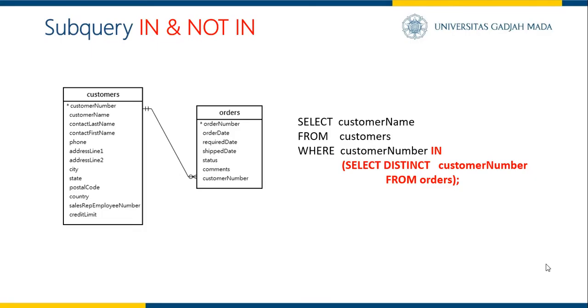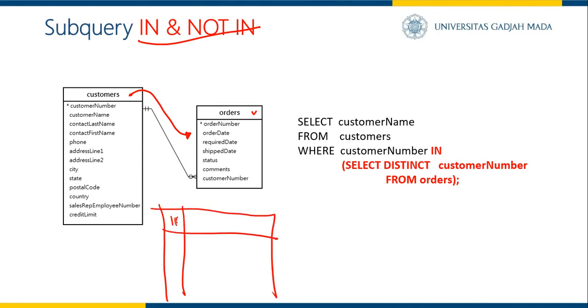Now let's go with subquery but using the in and not in. Okay, so in this example I'm going to use the customer tables as well as the order tables. In this case, I'm going to look for the customers that place an order. So let's say I have a table like this one. This is the ID, and let's say this is the customer number.